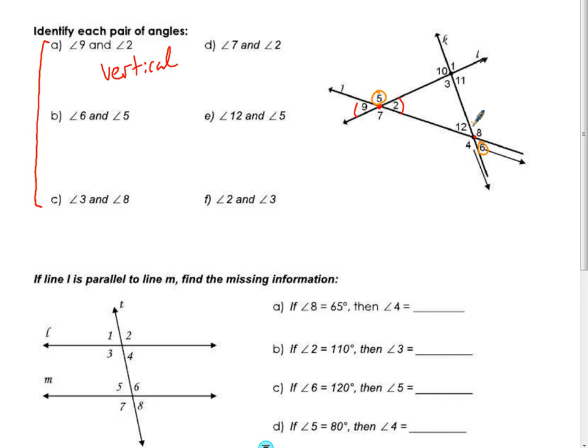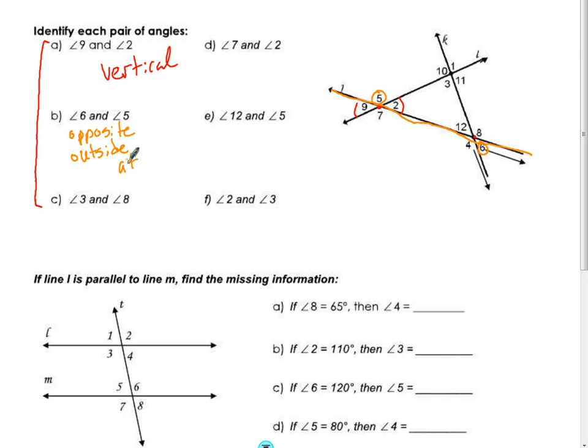They are on opposite sides, and they're outside K and L, they're outside the two other lines. Opposite and outside should tell you that they are alternate, ALT, alternate exterior. Alternate exterior.